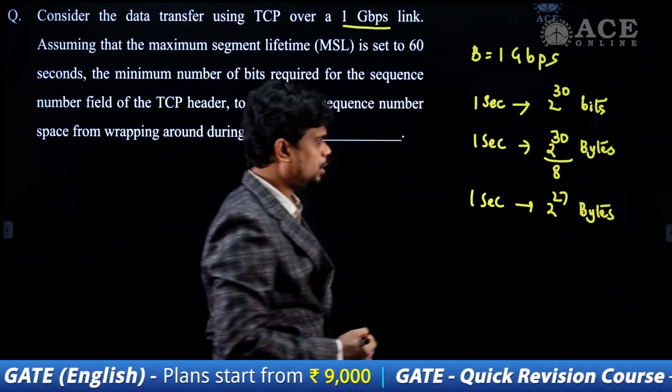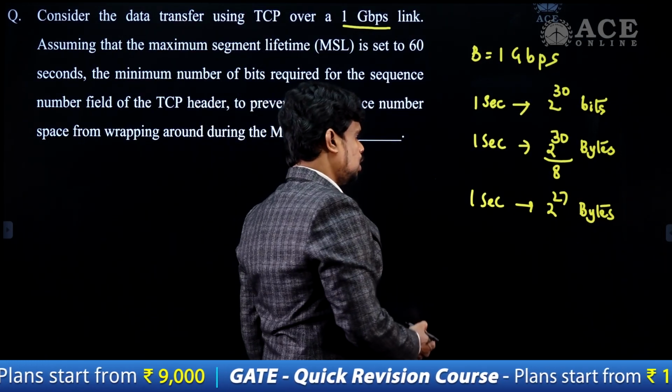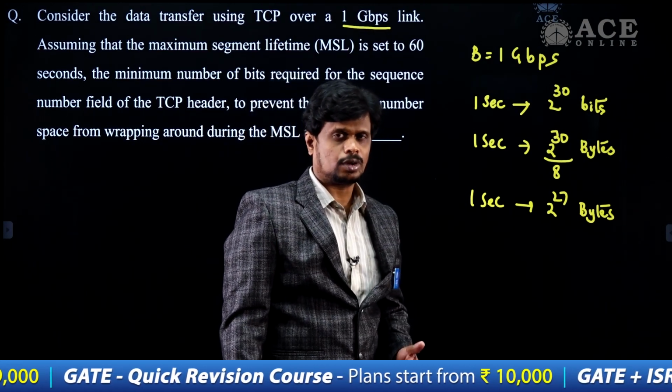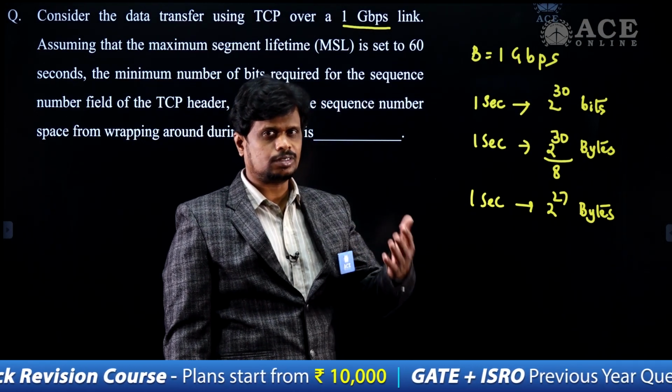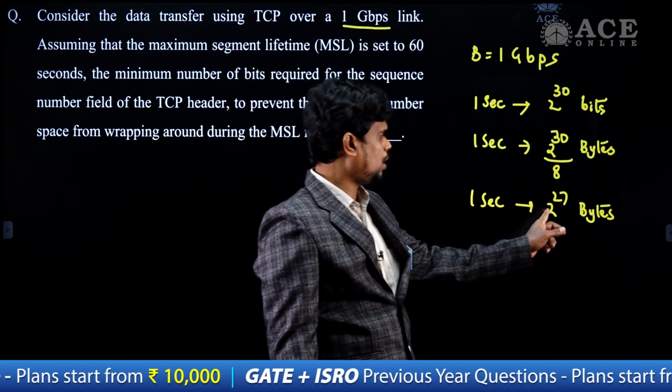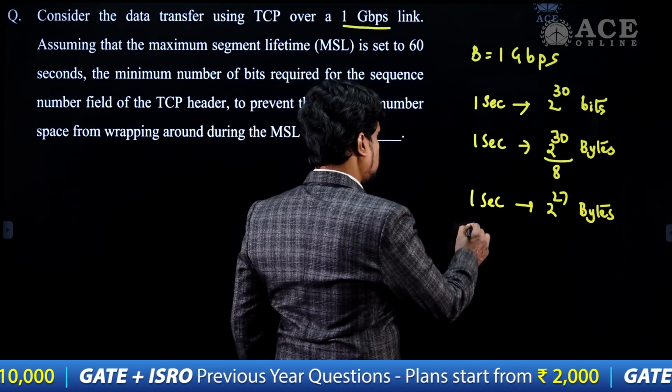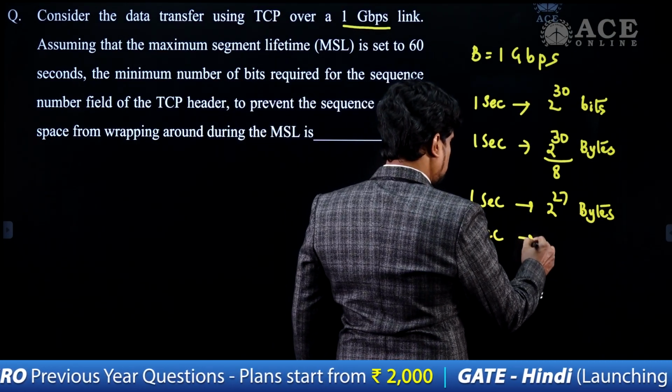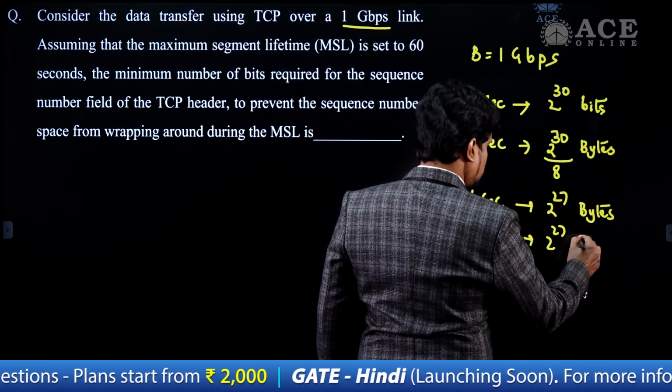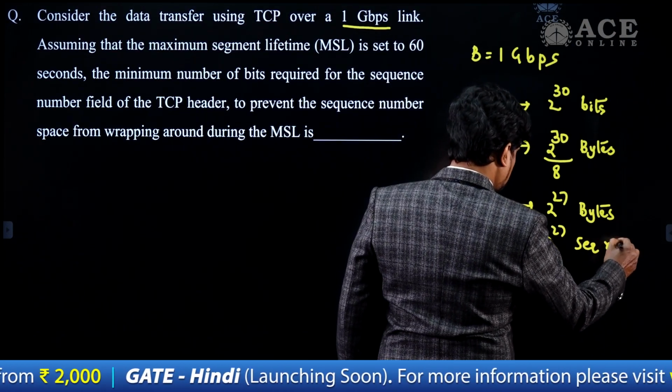Since it is a byte oriented protocol, for every byte it allots a sequence number. So within 1 second we can generate 2 to the power of 27 sequence numbers.